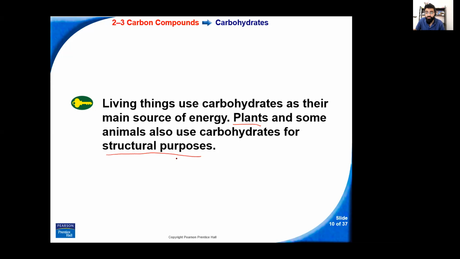I just told you that in the cell membrane, the carbohydrate is used, but for a specific function. We have to understand what the function of carbohydrate in the cell membrane is. Is it for energy? We say no. It has another function rather than energy source.